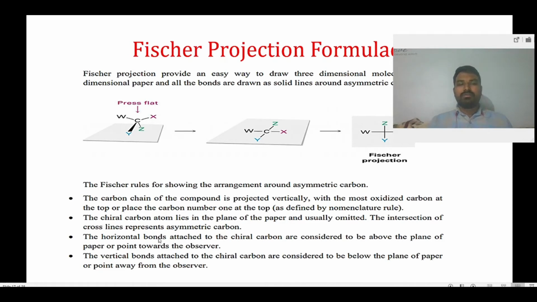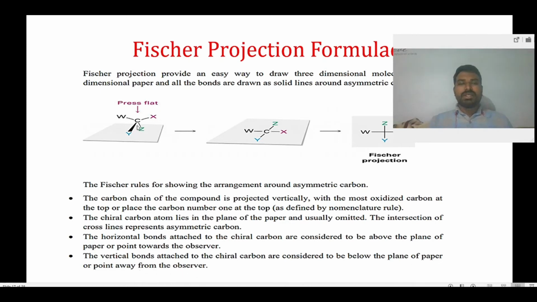The horizontal bonds attached to the chiral carbon are considered to be above the plane of paper, or pointing towards the observer. The vertical bonds attached to the chiral carbon are considered to be below the plane of paper, or pointing away from the observer.